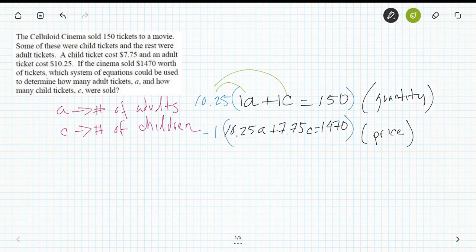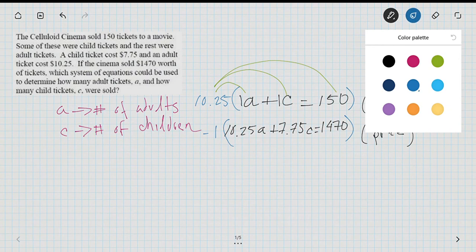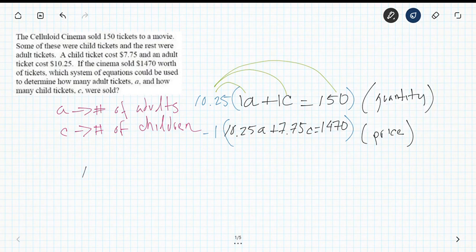So we distribute here, and I'm going to write in this blue. 10.25 times 1 is obviously going to be the same thing, 10.25a plus 10.25c equals, what is 150 times 10.25?